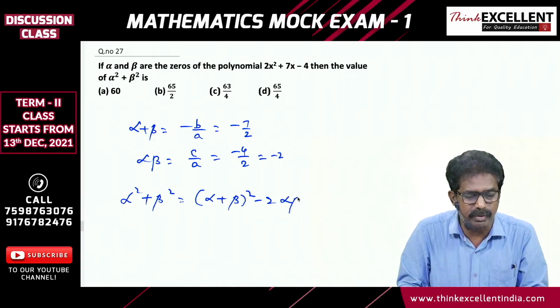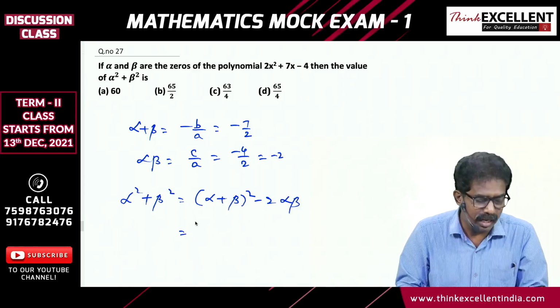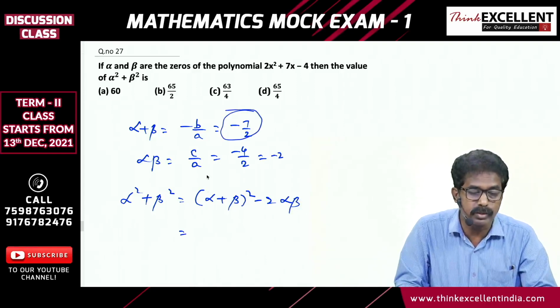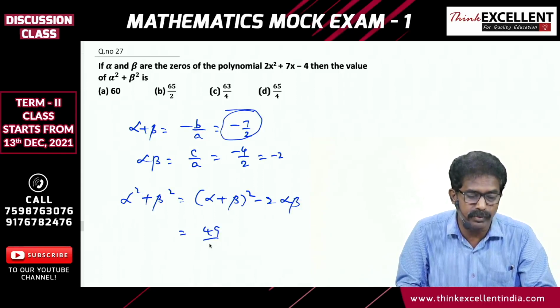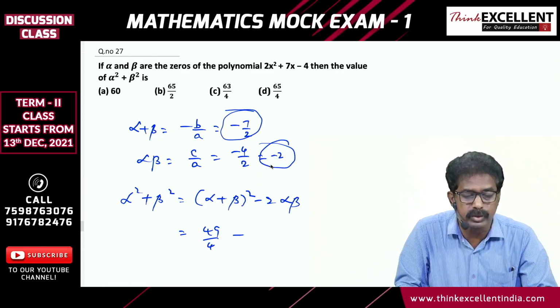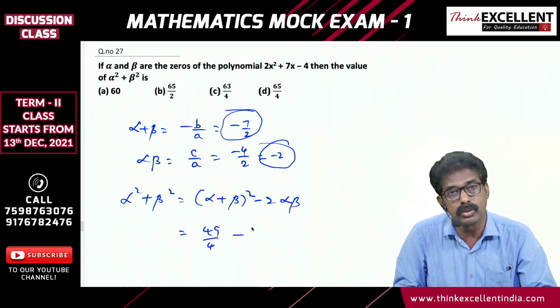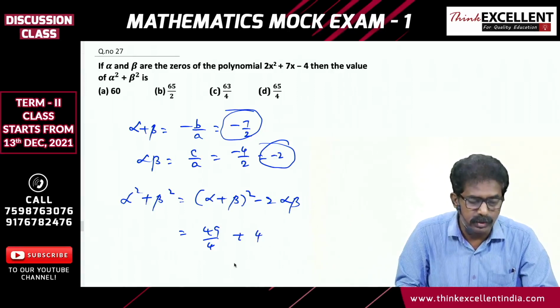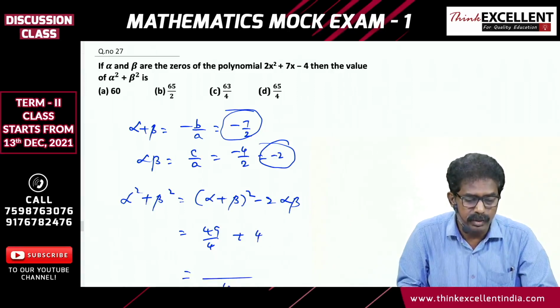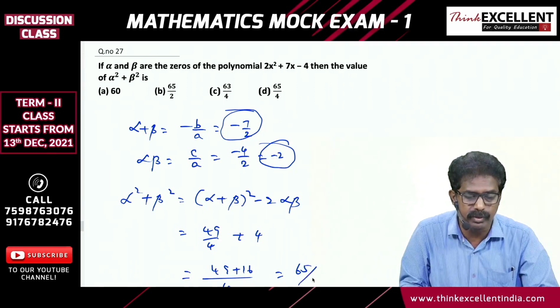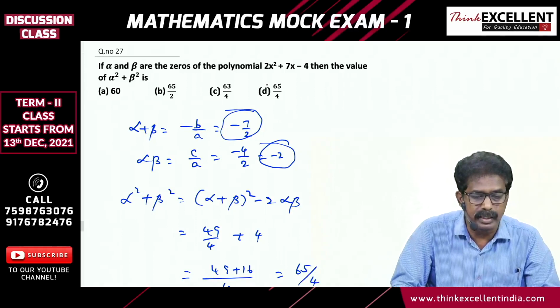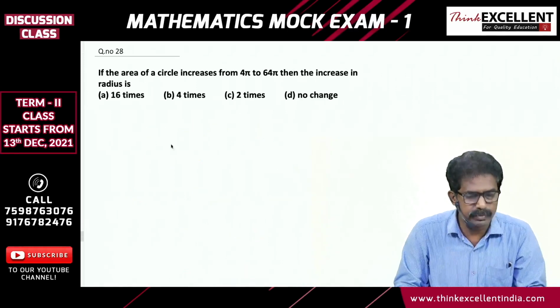Substitute: square it, 49 by 4, minus 2 into -2, which is plus 4. Take 4 as LCM: 49 plus 16, your answer is 65 by 4. So option number D.